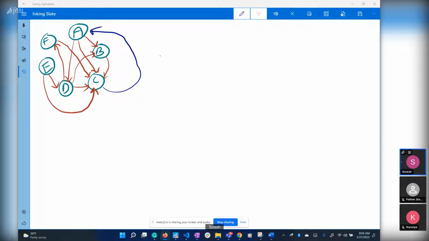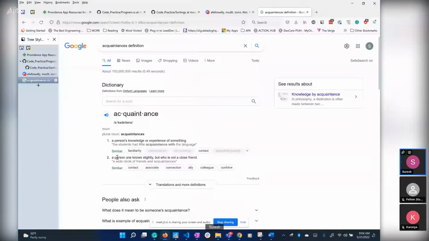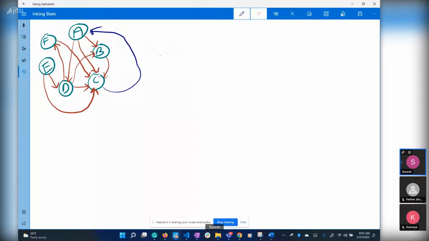So what is the definition of acquaintance? It's not knowing. The definition is like this: a person's knowledge or experience of something. So in this algorithm, it is a person one knows slightly but who is not a close friend. That is called an acquaintance.